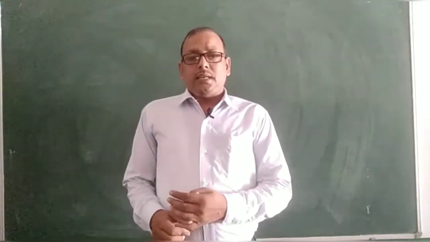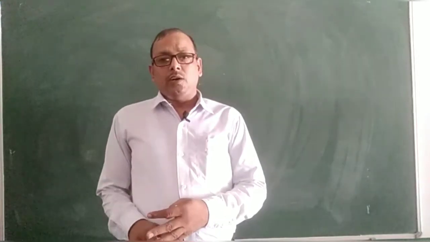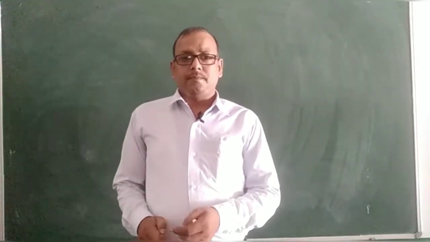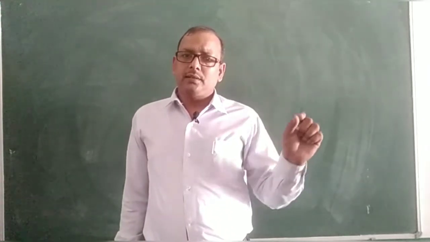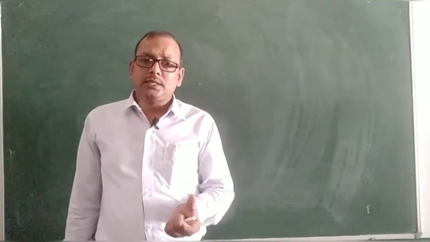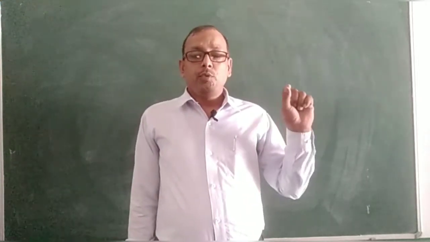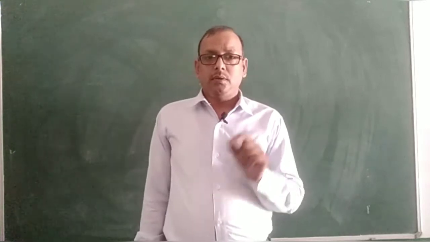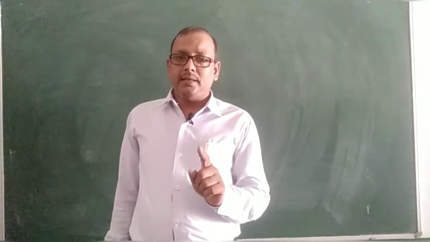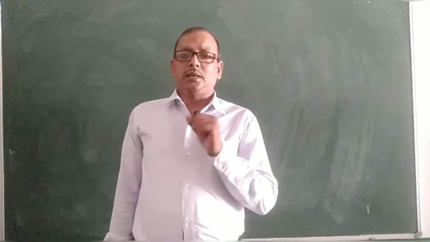Now, as I said, I am going to explain how to post from journal to ledger. A simple rule for posting from journal to ledger is: posting will be on the same side with the opposite account. Posting will be on the same side with the opposite account.